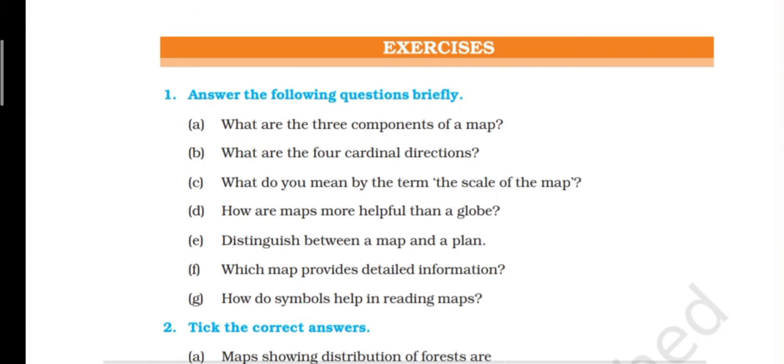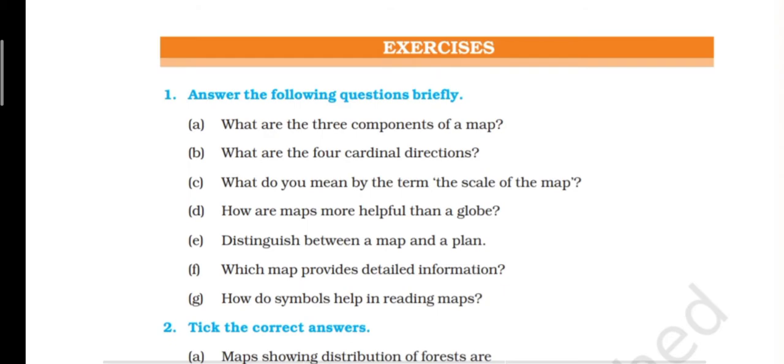The next point is that the symbols don't include any language, so they can be read by anyone. So these are the 2 points in question number G.